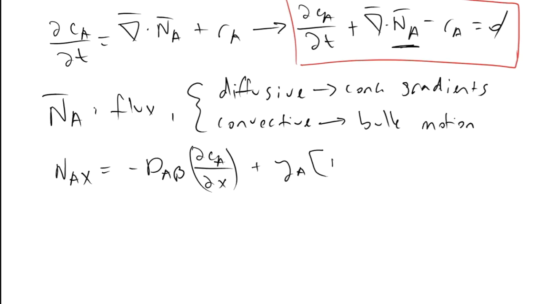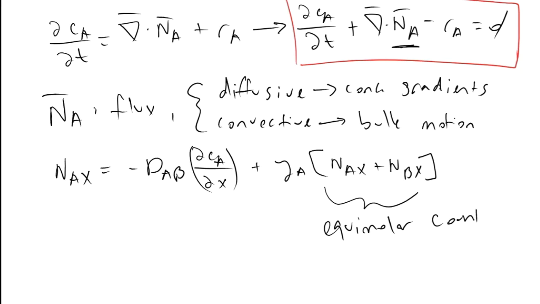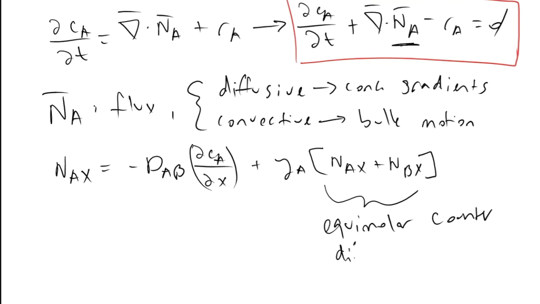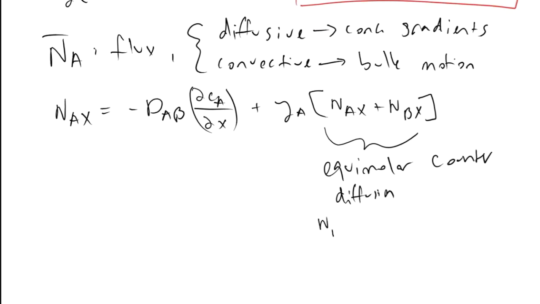So this will be equal to NAX plus NBX, so the flux of A in the x direction plus the flux of B in the x direction as well. And something to note here is that if you ever see the term equimolar counterdiffusion, what this tells us is that NBX is equal to minus NAX.